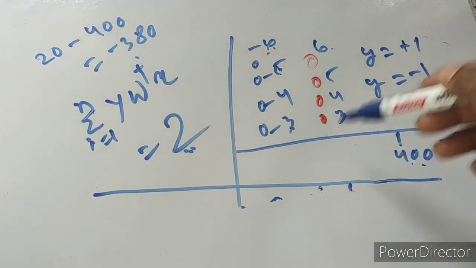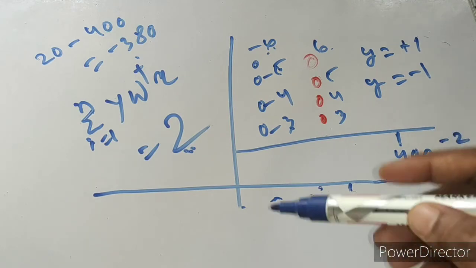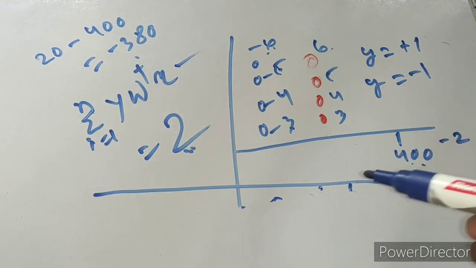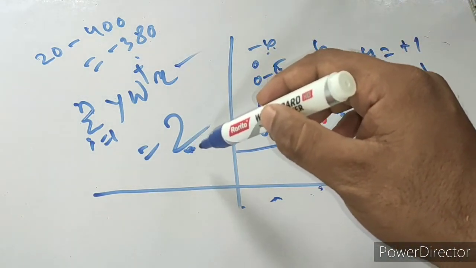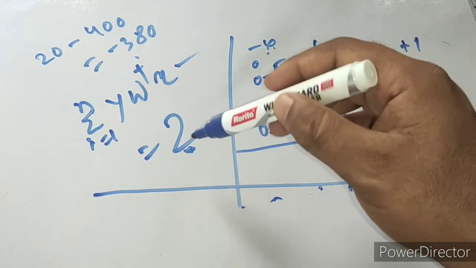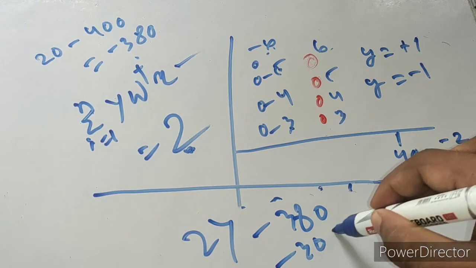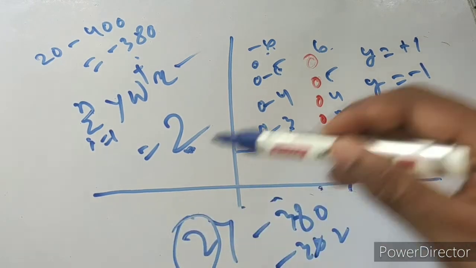Suppose there are other lines also. If we keep on drawing the line, and if we keep on identifying different values, implementing this formula, suppose we are getting 2 as the highest value, and 2 is definitely a higher value than minus 380 or minus 320, something like that. Whatever the minus value or 1, whatever the value is there, 2 is the highest among them.